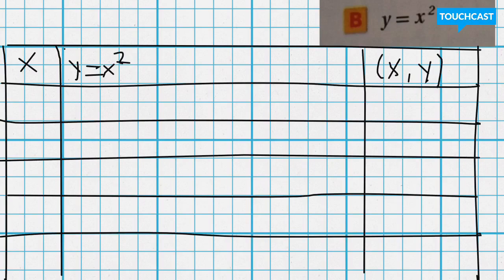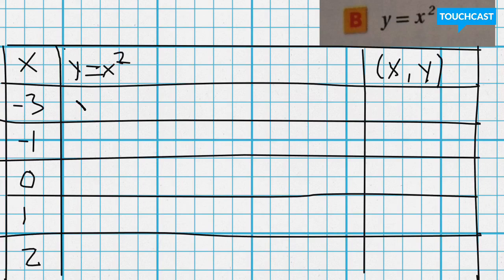Since we weren't told what domain values we have to use, I'm just going to pick some, like -3 and -1. I always want to use 0. And then let's use 1 and 2. Let's plug those x values into our function so we can get a y value for our ordered pairs.